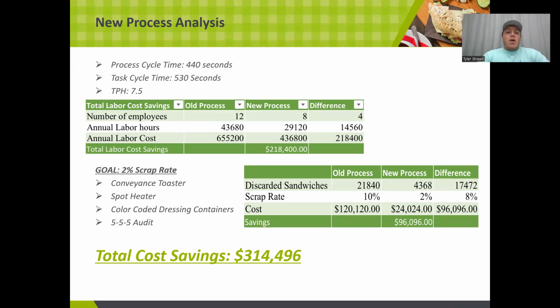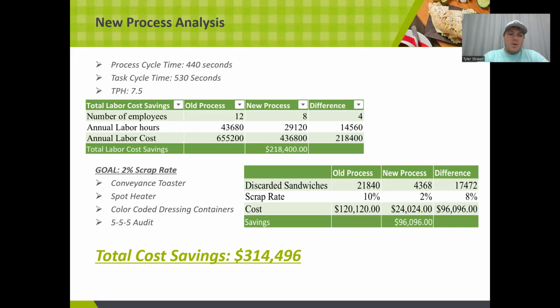With our number of employees, we are shrinking our force by 4 FTEs, and that calculated in annual labor hours is 14,560. And the cost of those 14,000 hours is $218,400.